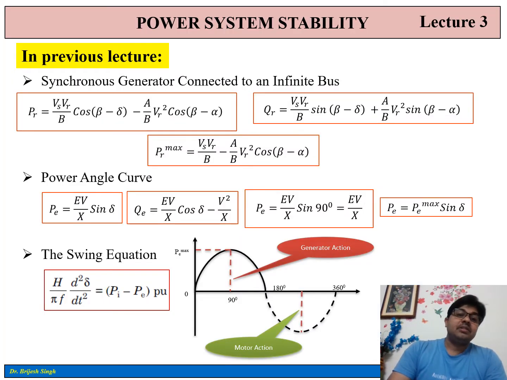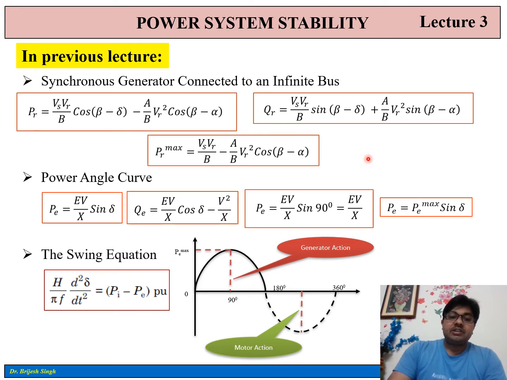In the previous lecture we have covered these three major topics, which is a synchronous generator connected to an infinite bus. Here we discussed the active power received at the receiving end and the reactive power expression at the receiving end, or how much maximum power is injected into a power network by a synchronous generator.